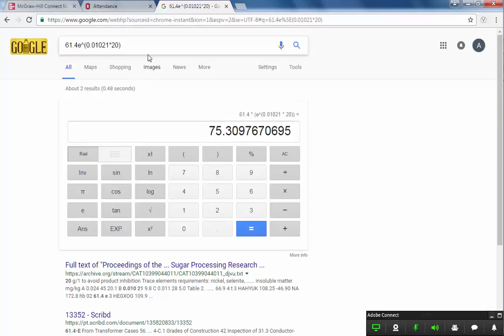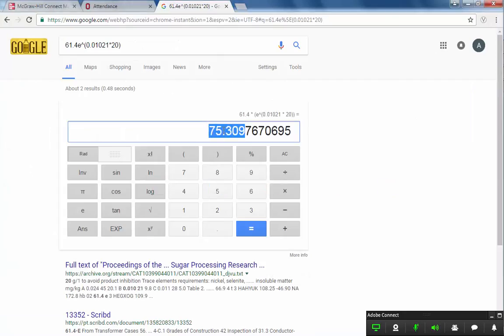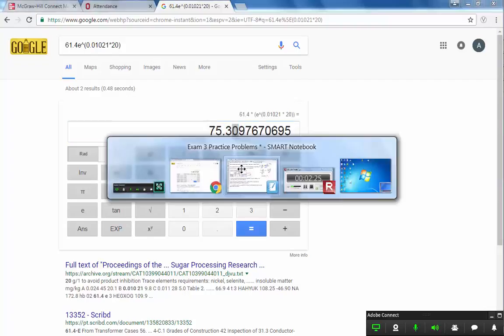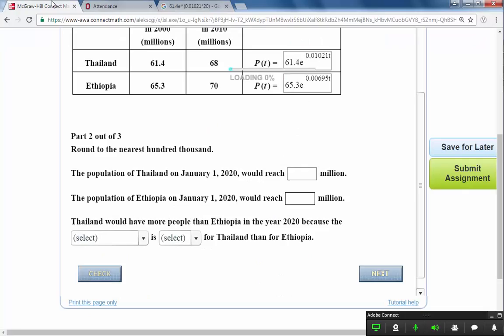It's the same thing, 20. Right? 75,310,000. What's the approximation required? Round to the nearest 100,000. This is 75,300,000. So it needs to be 75.3 then. We round the next down. 0 is already 0. Am I right this time? 75.3 million. I need to enter everything else before checking it.